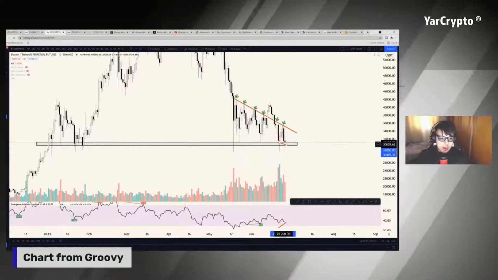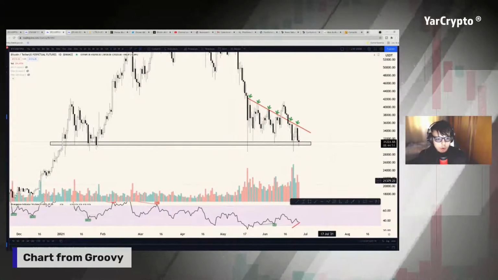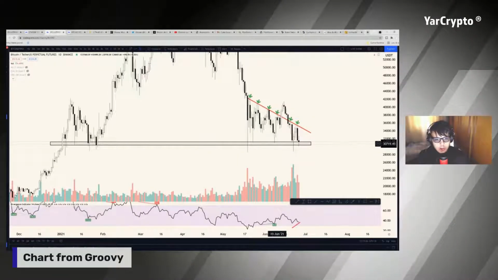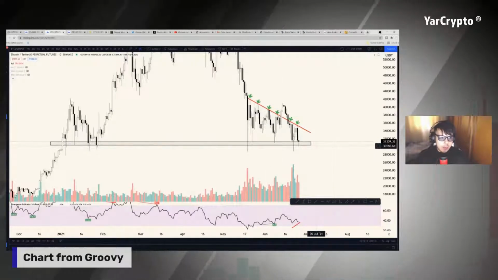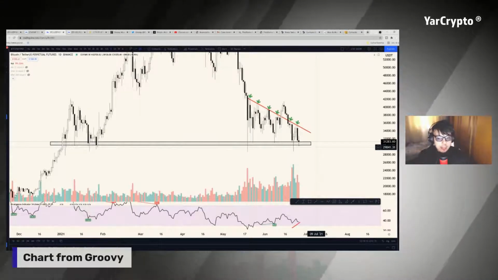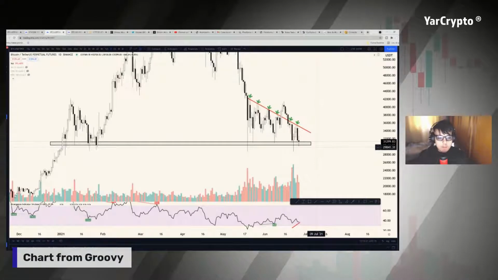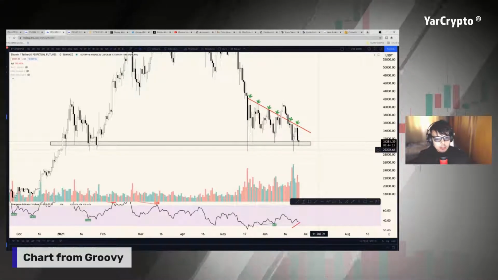So the bearish situation for BTC would be if we actually close below this general area of the 30k level. Okay, so if we lose 30k and we actually break below 29,800, 29,900, something like that, then I believe we are going down lower. That is the bearish case.